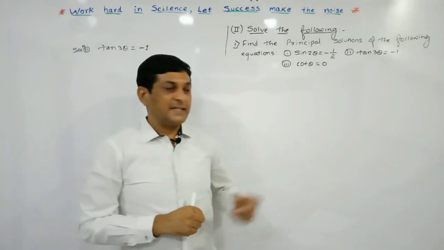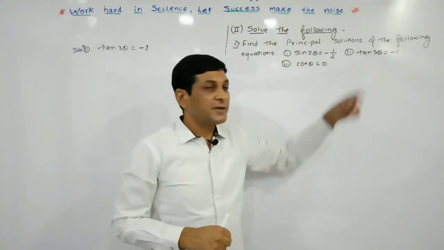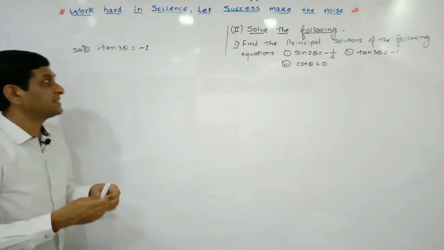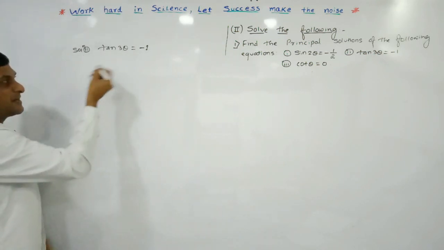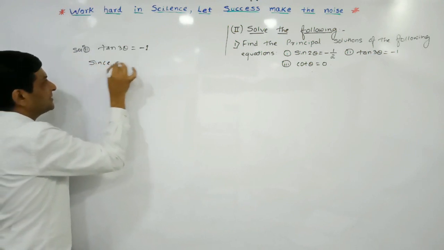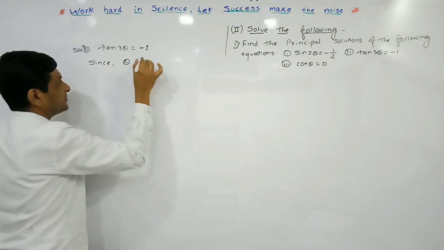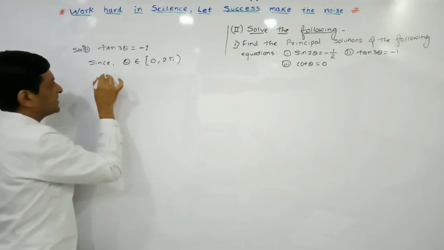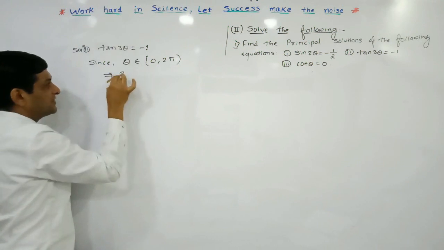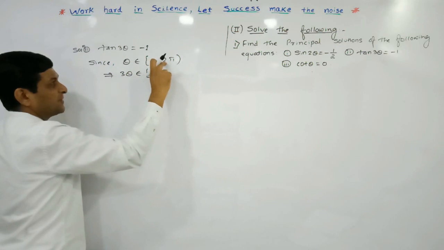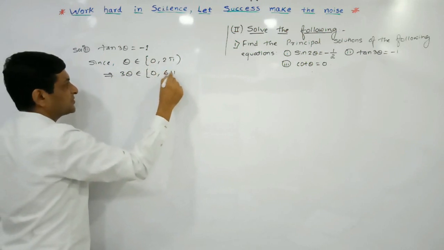Now observe the second example. In the second example, the given trigonometric equation is tan 3 theta is equal to -1. So let us consider this trigonometric equation. We know that theta should belong to the interval 0 to 2 pi. That's why it implies that 3 theta will belong to 0 to, if we simply multiply by 3, 6 pi.